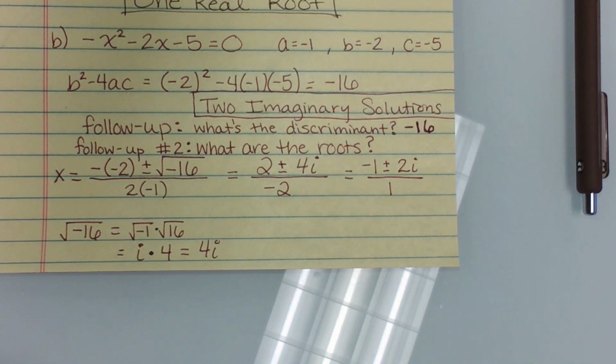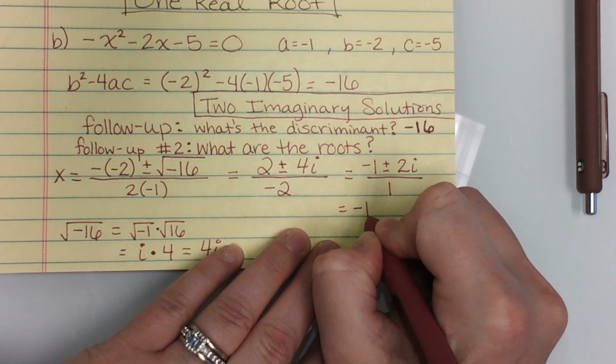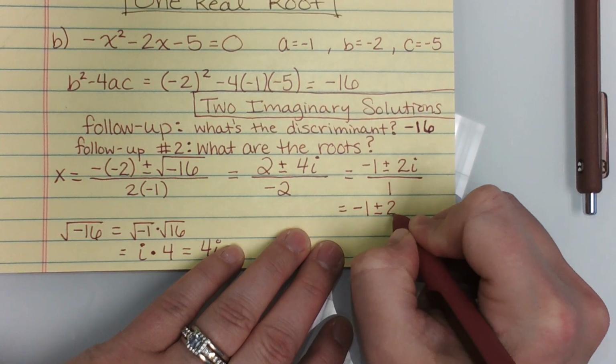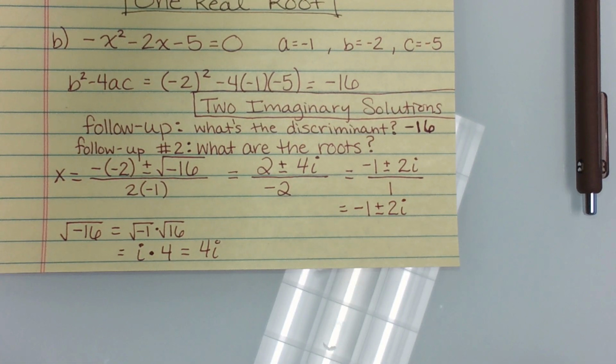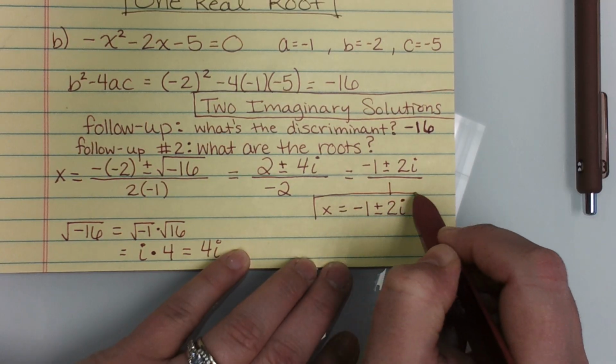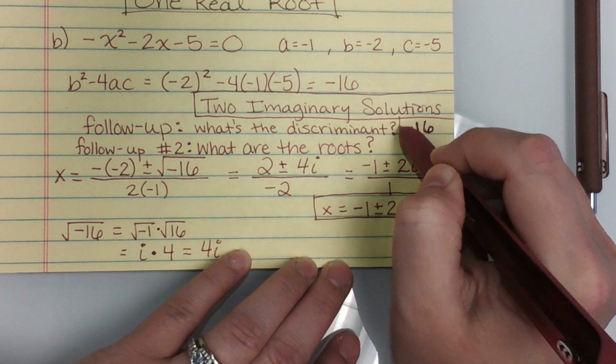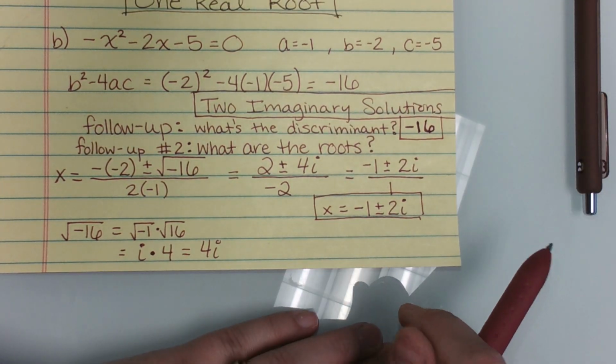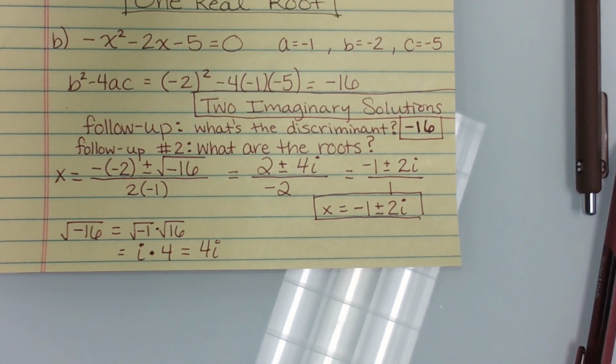Are the ones necessary? No. But is the negative 1 necessary? Yes, because it's not being multiplied. It's negative 1 plus or minus 2i. Wait, can't I just do like 3i? No. They're not like terms, you can't combine them. Ta-da! That's the rest of the notes.